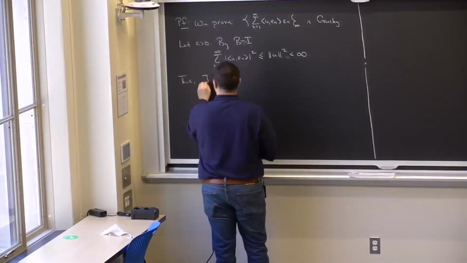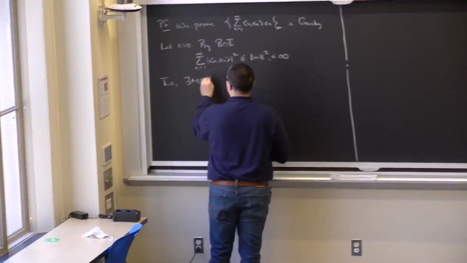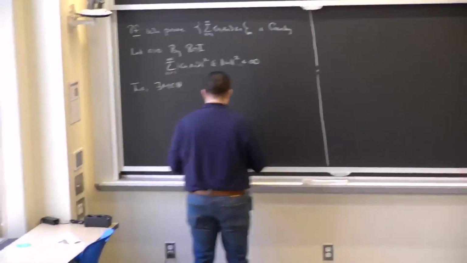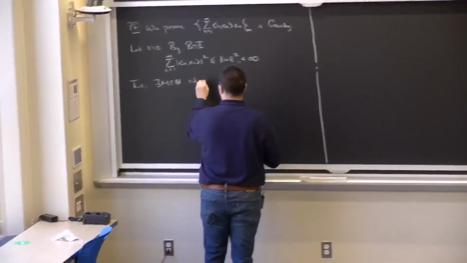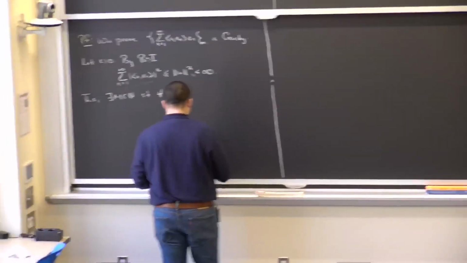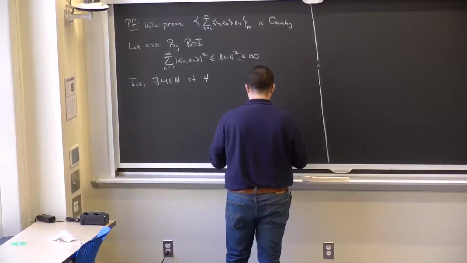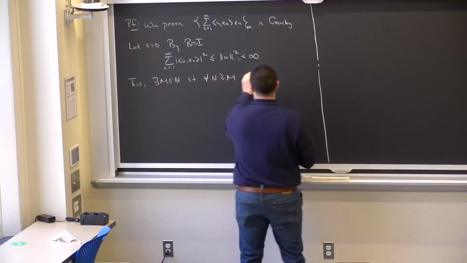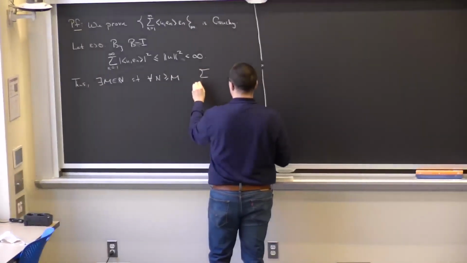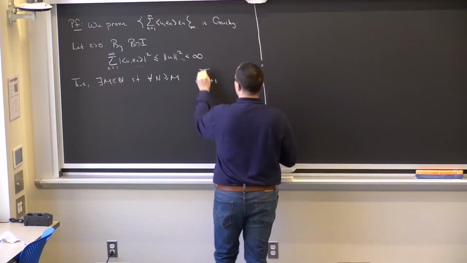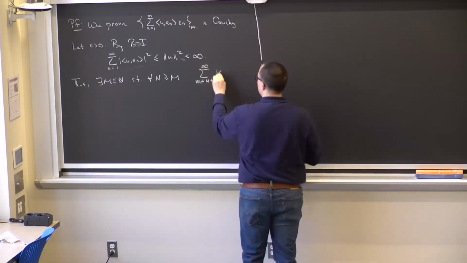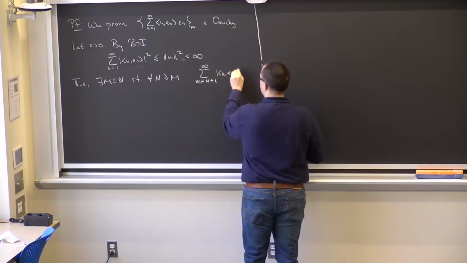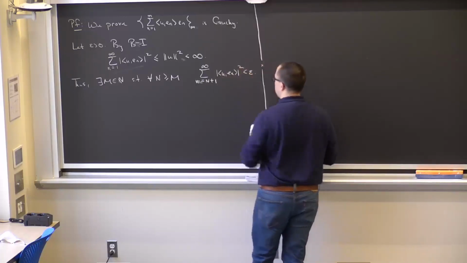Thus, there exists a natural number M such that for all n bigger than or equal to M, the tail is small, meaning the sum from n+1 to infinity of |<u, e_n>|² is less than epsilon².